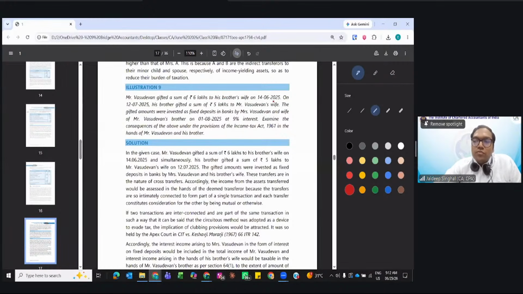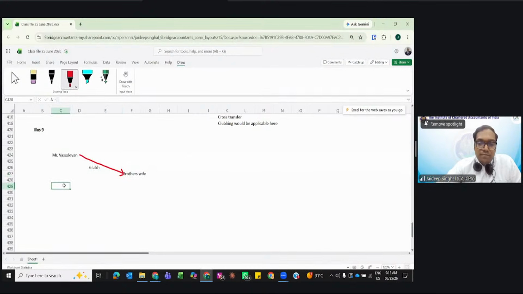On the 14th of June, on the 12th of July, his brother gifted a sum of 5 lakhs to Mrs. Vasudevan.